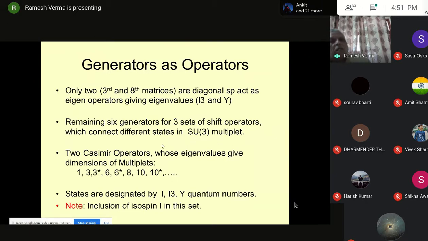Now again, recall the dimension of a multiplet. How did we obtain it? We obtained it as 2l plus 1 for orbital angular momentum algebra, 2s plus 1 for spin algebra, or 2i plus 1 for isospin algebra. So in that way, we learned that the dimension of a multiplet is decided by the eigenvalues of the Casimir operator, that is an L-squared kind of operator.